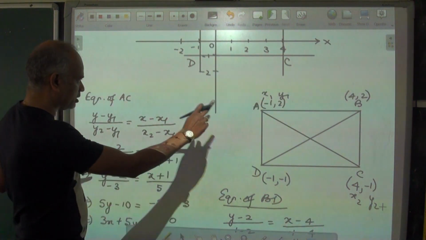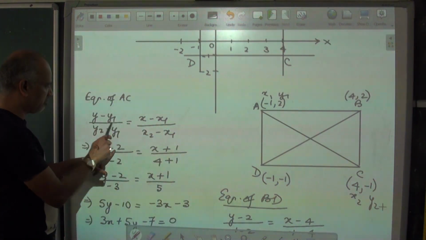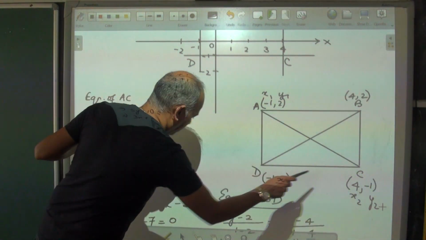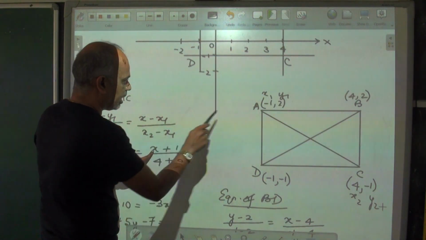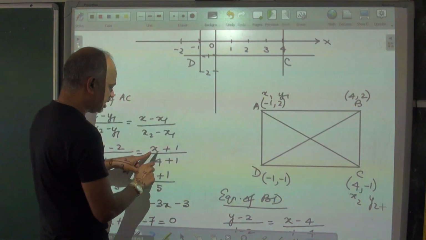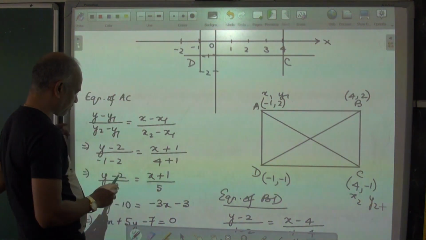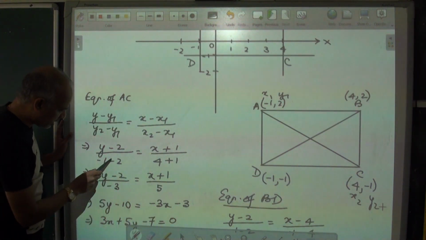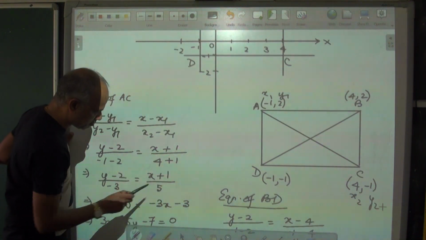Okay, so substitute now. Y minus y1, that's minus 2, divided by y2 which is minus 1 minus 2, is equal to x minus x1, that becomes plus 1, divided by x2 which is 4, again plus 1. Y minus 2 by this gives you minus 3 is equal to x plus 1 divided by 5.